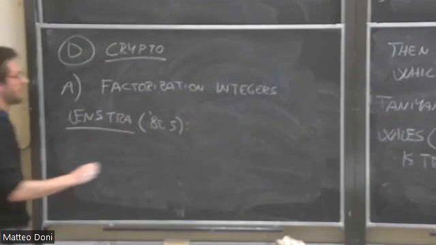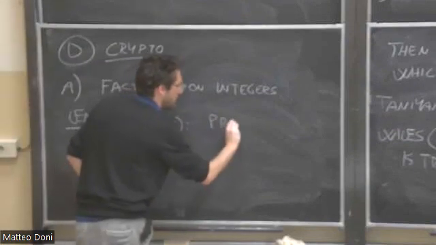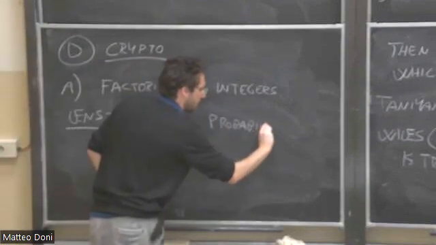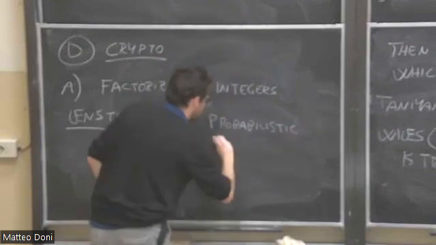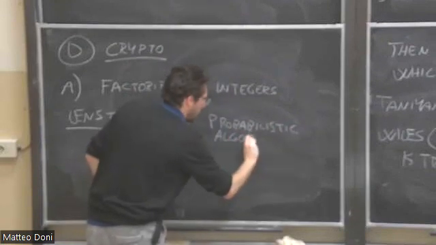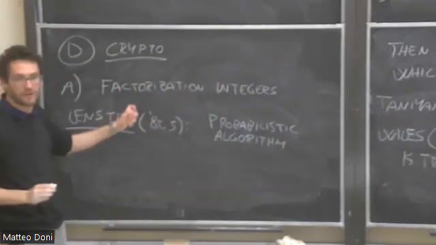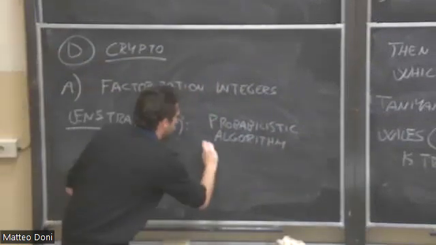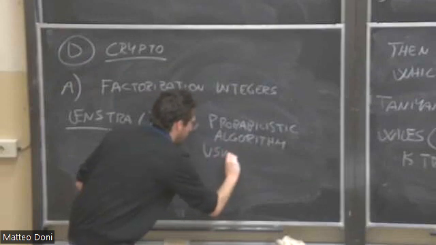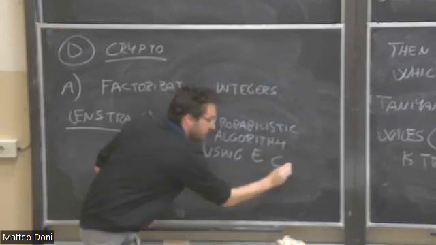He gave a probabilistic algorithm to compute the factorization of an integer, which uses elliptic curves.